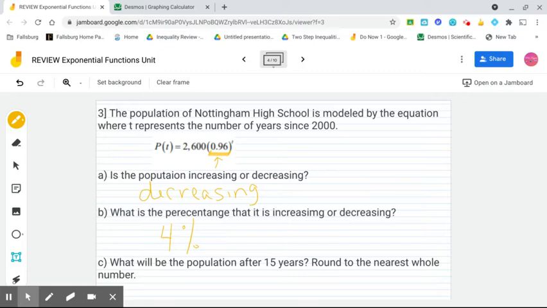Last, it says, what will be the population after 15 years? Round to the nearest whole number. So remember, t represents time. So after 15 years, we're going to plug in a 15 into this equation. And this is where we're going to use our calculator.